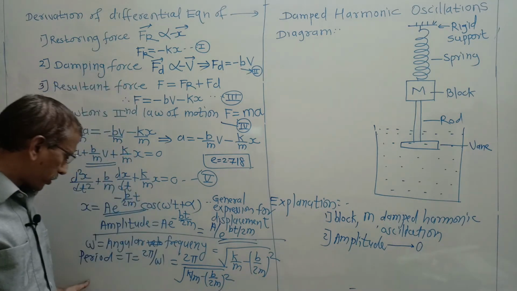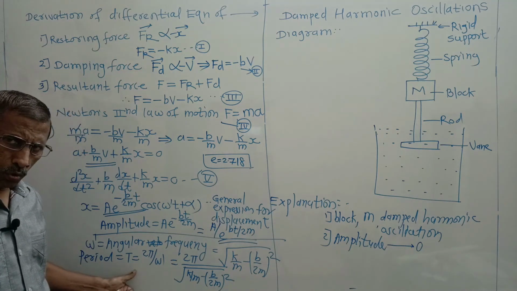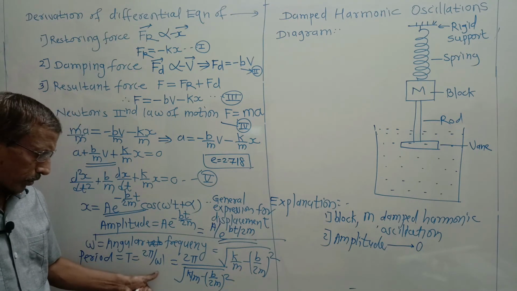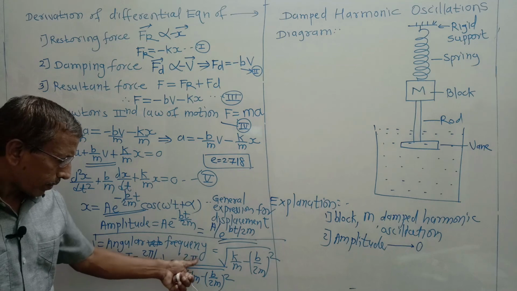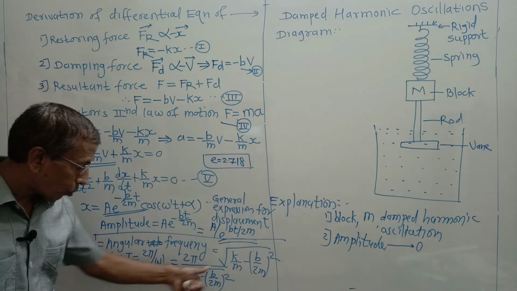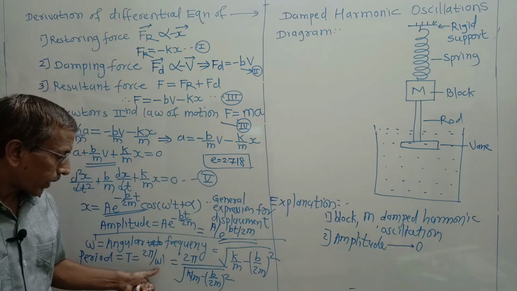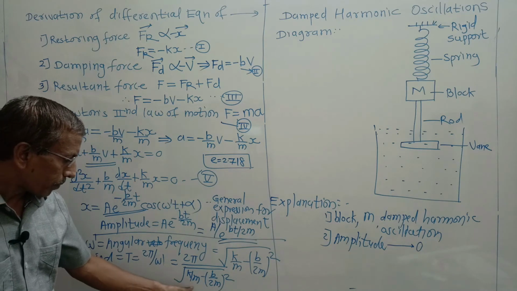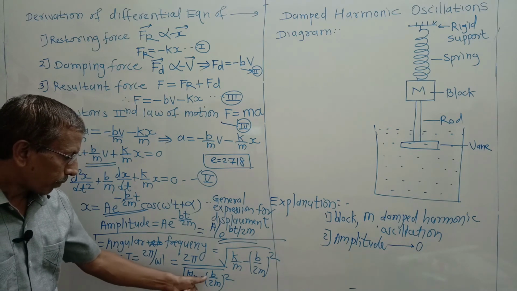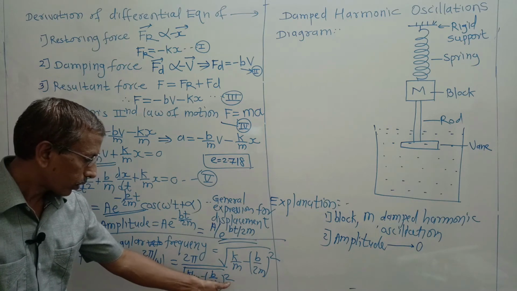Substituting the value of omega dash, T is equal to 2 pi upon square root of k by m minus b by 2m its square.